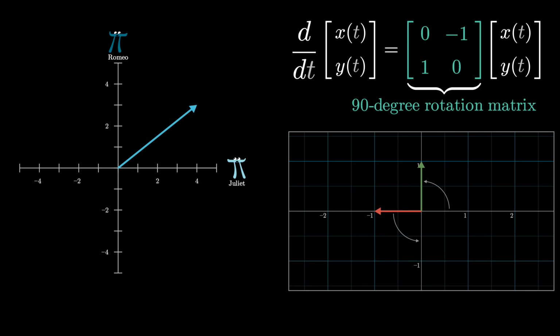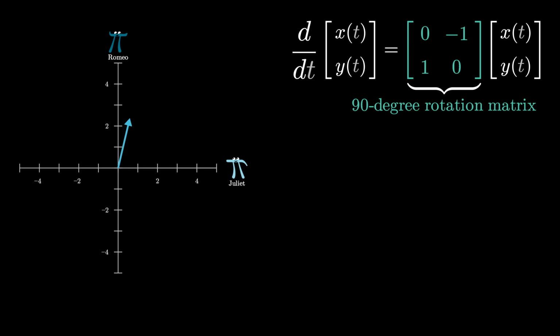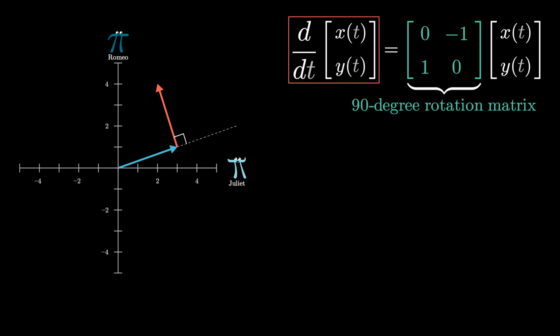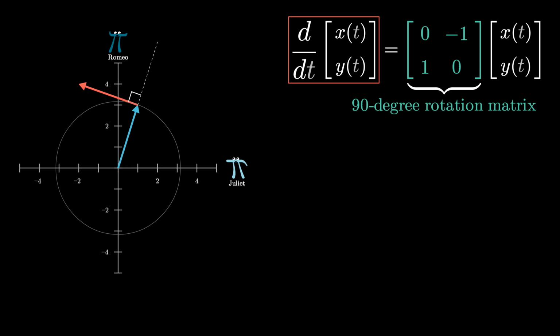What it means for our equation is that it's saying wherever Romeo and Juliet are in this state space, their rate of change has to look like a 90-degree rotation of this position vector. The only way velocity can permanently be perpendicular to position like this is when you rotate around the origin in circular motion, never growing nor shrinking because the rate of change has no component in the direction of the position.